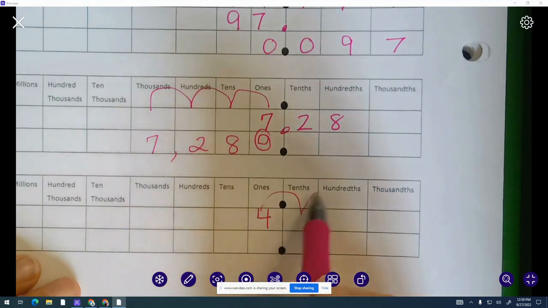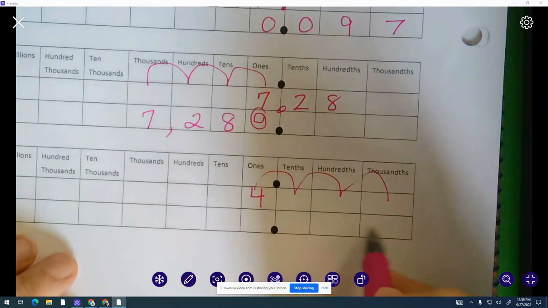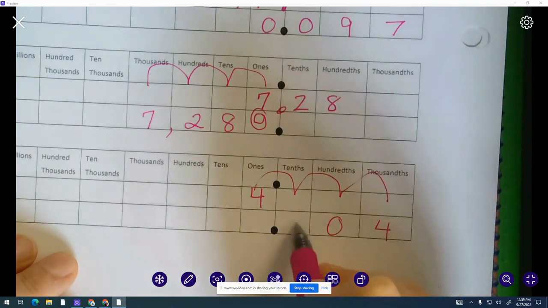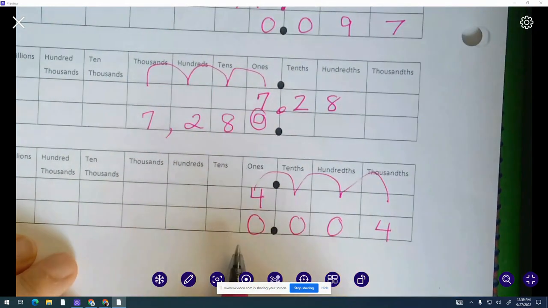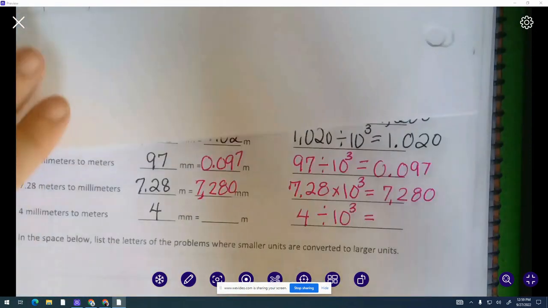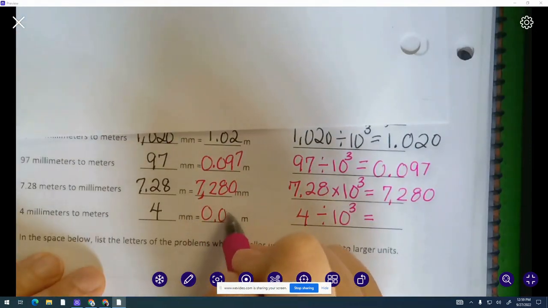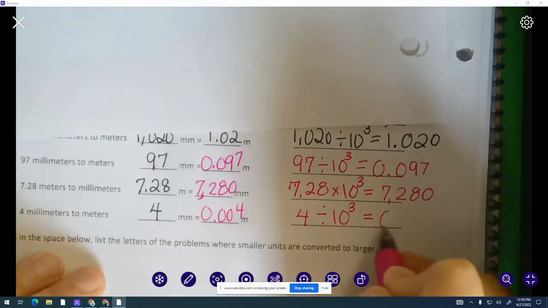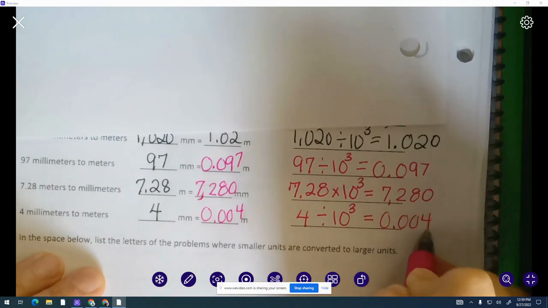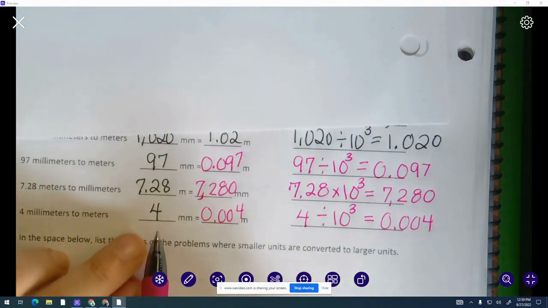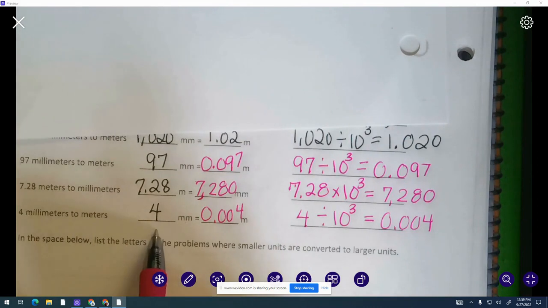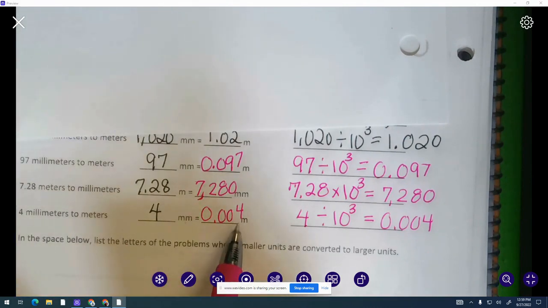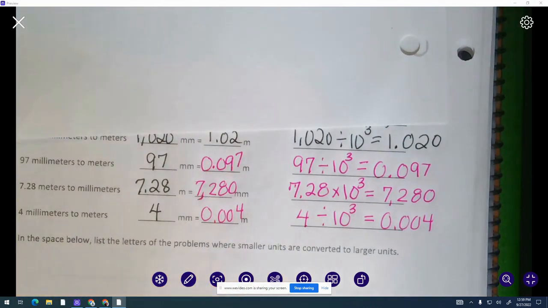So 1, 2, 3. Here's my 4. 4 thousandths. So 4 millimeters, those little things, are equal to just 4 thousandths of a meter.